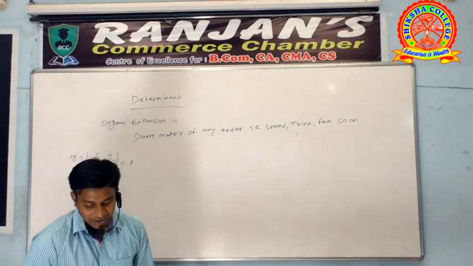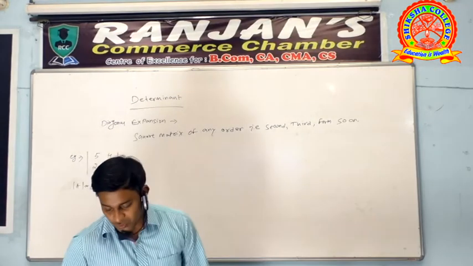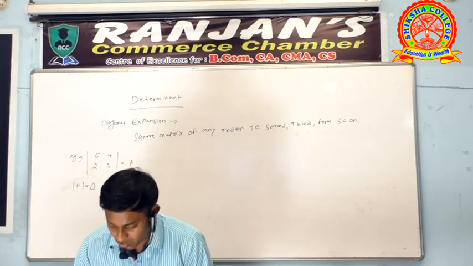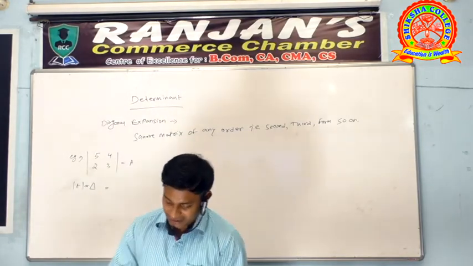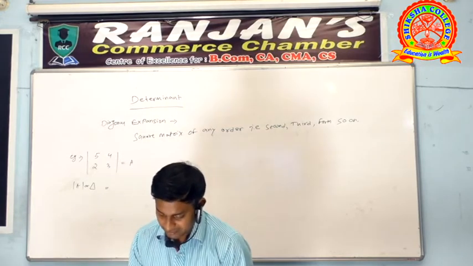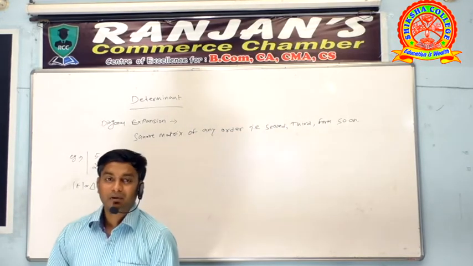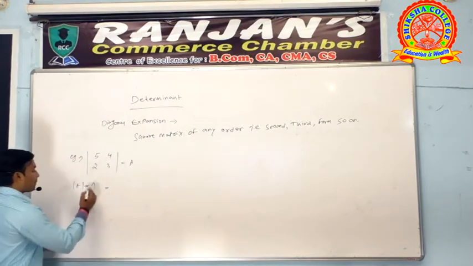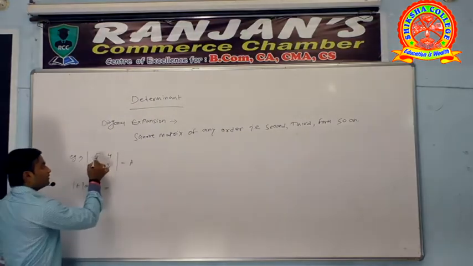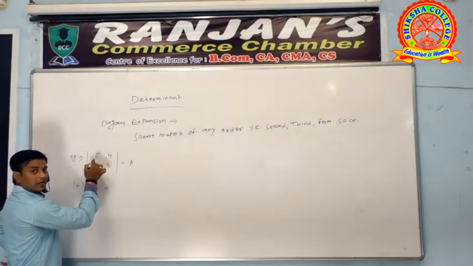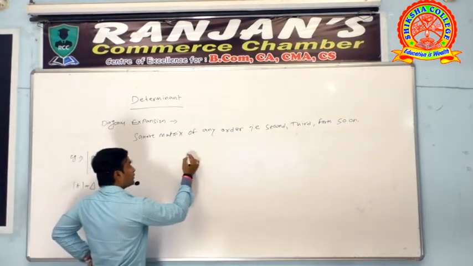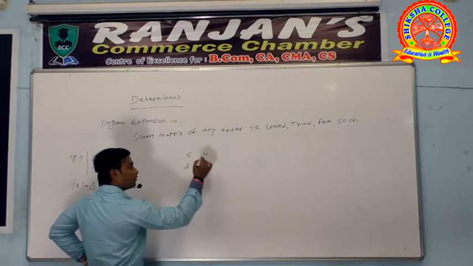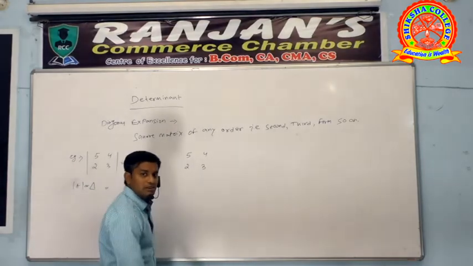It's very simple. If it is a case of a 2 by 2 determinant, then it is very simple to find the determinant. Students, carefully please. In 5, 4, 2, 3, what are the unknown variables?